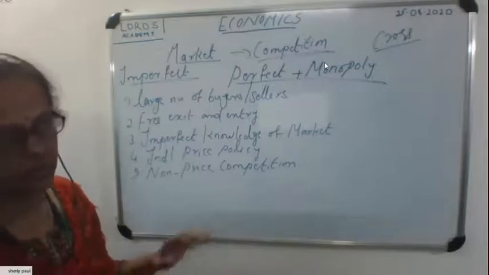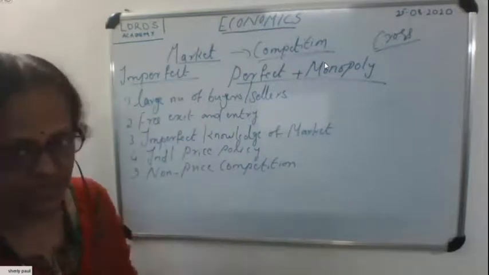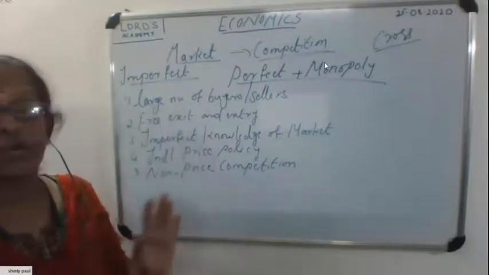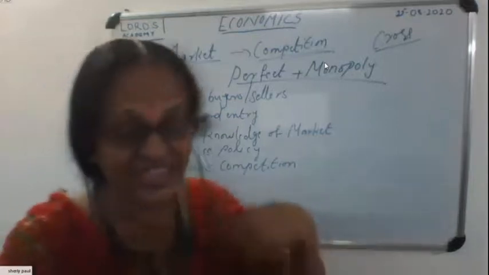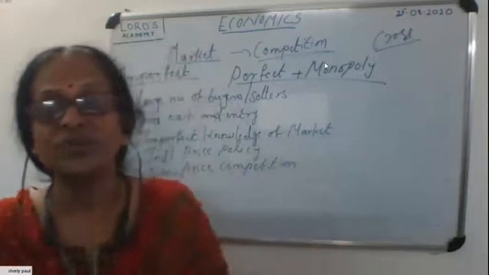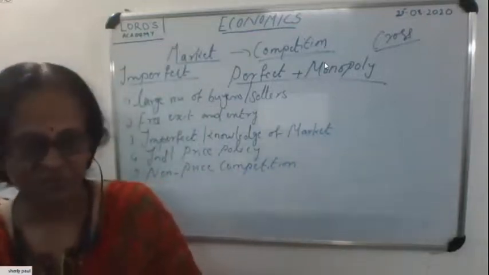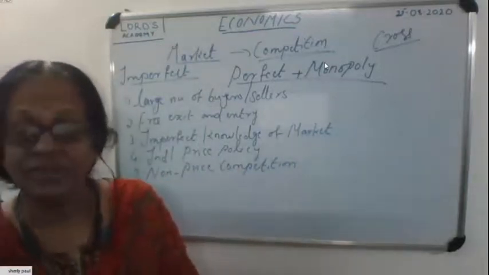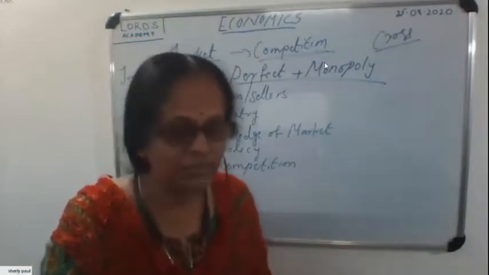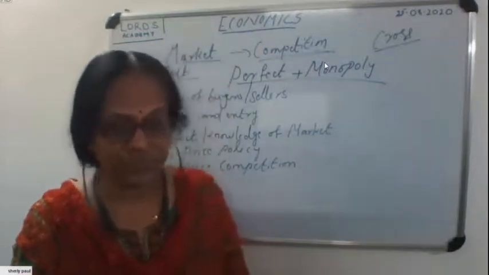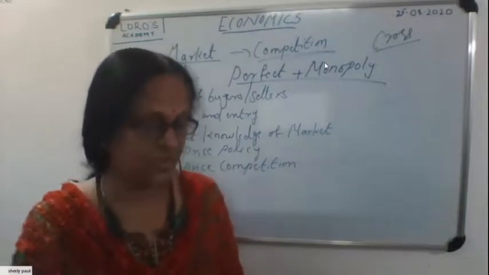Clear? Non-price competition is there, but it is not raising or reducing the price. Other methods are followed to sell the product. We can see this in the many advertisements. Then we will come to product differentiation, and you will get the idea.